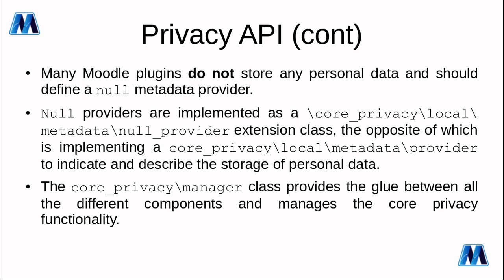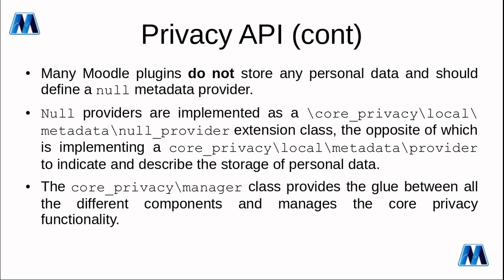So if you don't store personal data, then you have to define a null metadata provider, and null providers are implemented by extending the null provider class in that namespace, which is the opposite of defining an extension to the provider class.